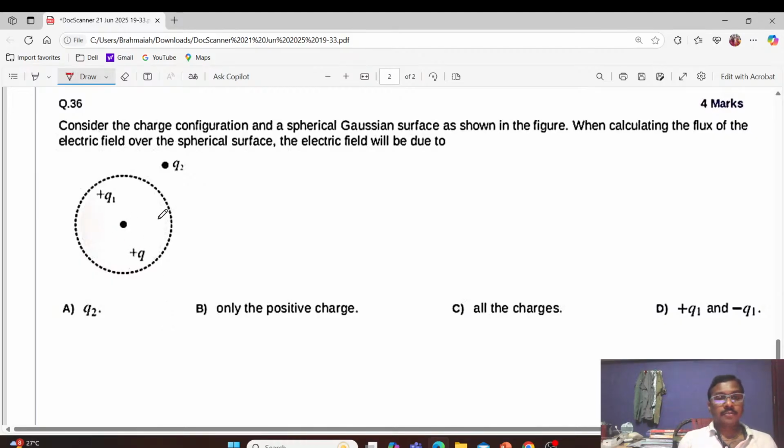Okay. So consider the charge configuration with a spherical Gaussian surface as shown in the figure. When calculating the flux of the electric field over the spherical surface, the electric field will be due to what? What is the answer for this part?